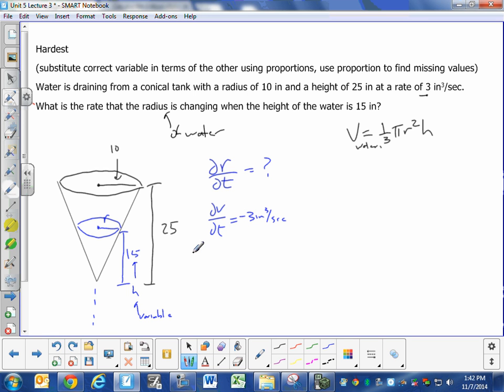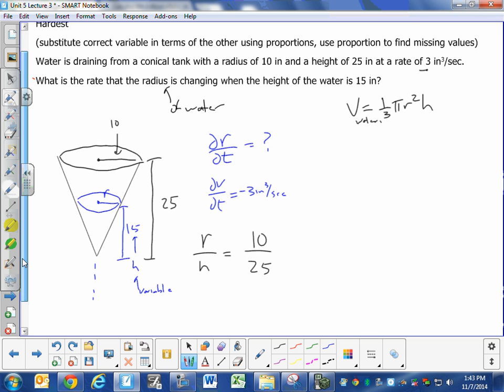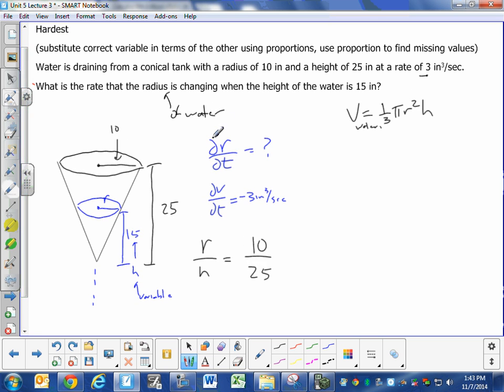The radius of my water over its height has to be proportional to the radius of my cone over the height of my cone, the tank. Well, I can kind of solve one of these for r or for h. Now, I want to find dr/dt, so I kind of want to leave r in my formula.